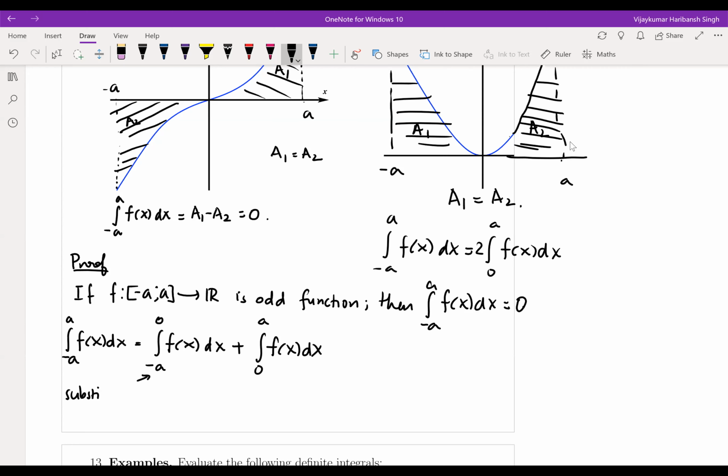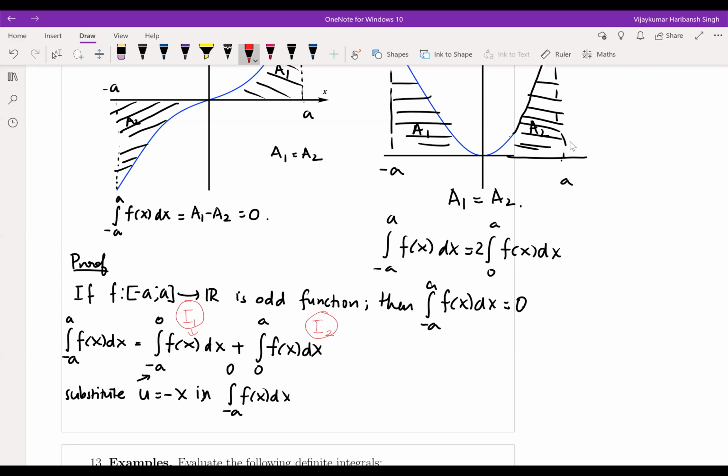Take this integral and substitute u equals minus x, it doesn't matter. So u equals minus x, in the integral from minus a to 0 of f of x dx. Let's call this I1, and let's call the other I2.